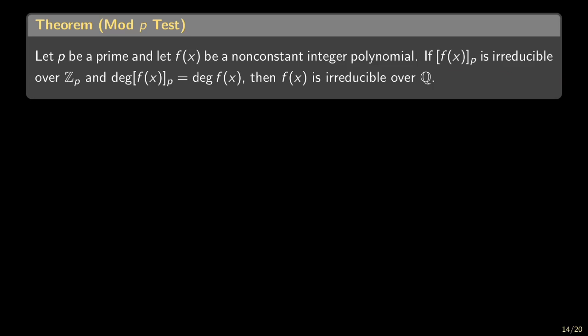Right? If this becomes irreducible, and the degree does not shrink upon reduction, unlike my example earlier where the degree decreased, then we can conclude right away that f(x) is irreducible over Q.